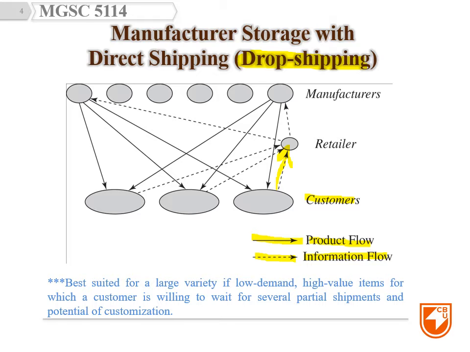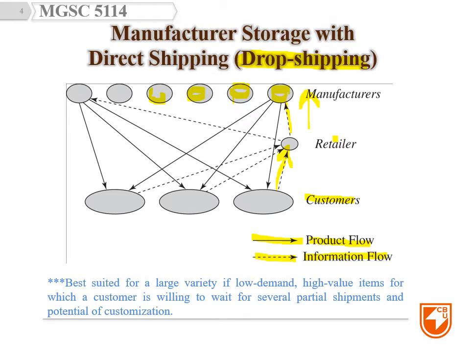After that, the retailer's responsibility is accumulating all of these orders and sending them to different manufacturers. So as you can see, information is sent to different manufacturers across a certain area.